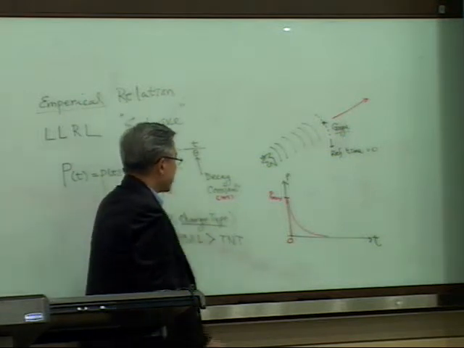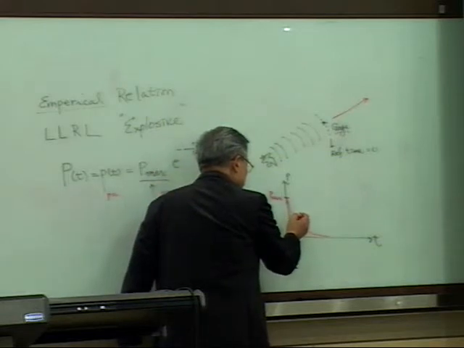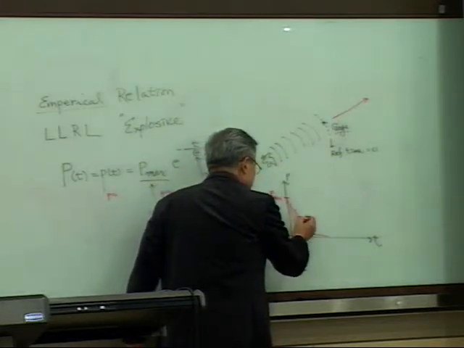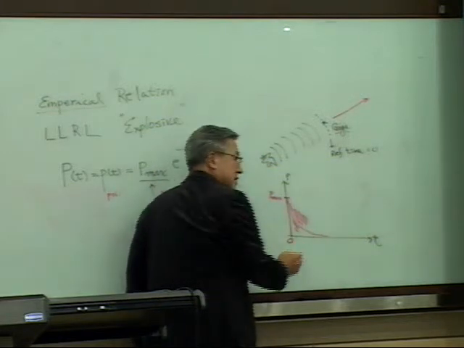So this is the decay constant. Decay constants depend on whether it's like this or like this. Got it?